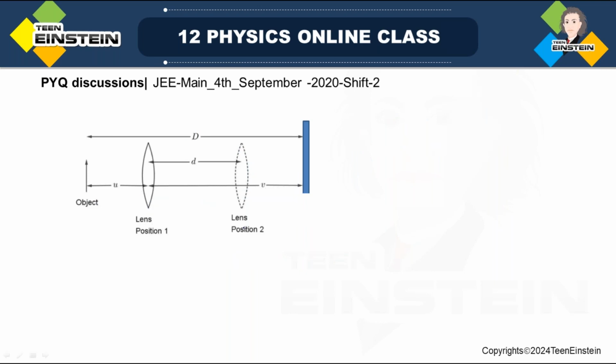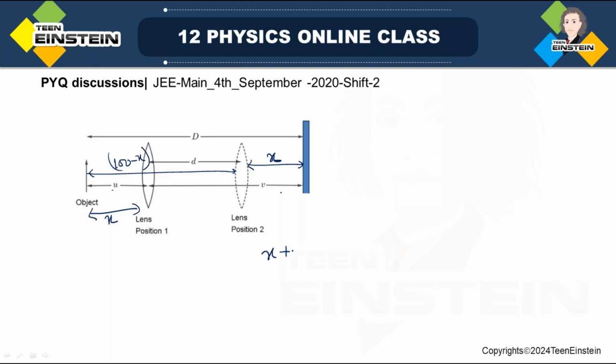Okay. So generally what we do, if this is x, the image position will be 100 minus x for the first position, but the image position in the second case, if this is 100 minus x, then only the image will be formed both times on the screen, okay. So we get x plus 40 is equal to 100.